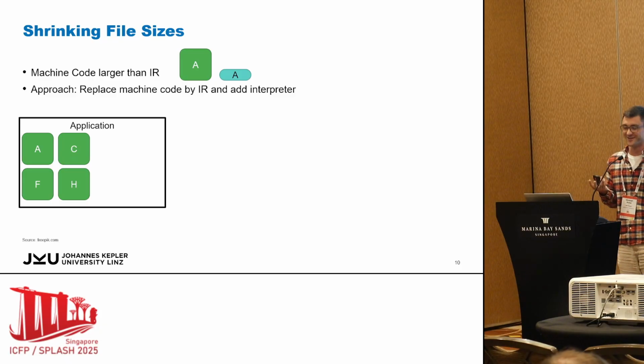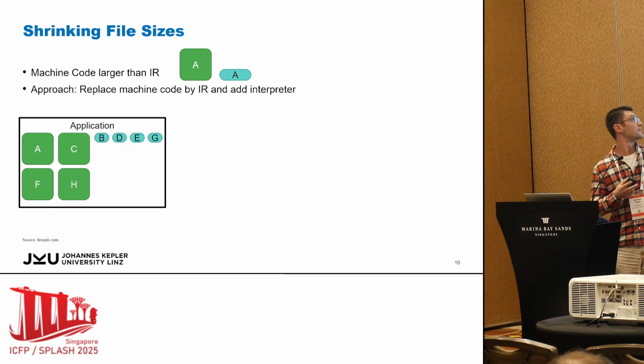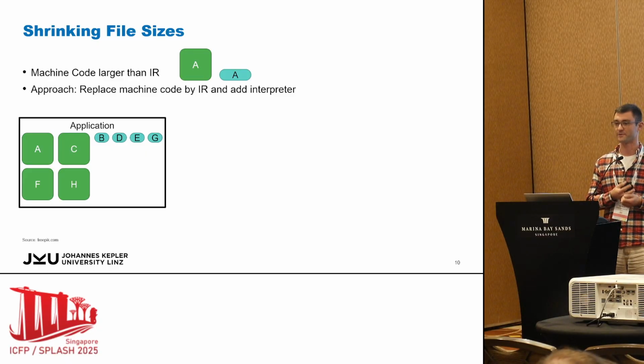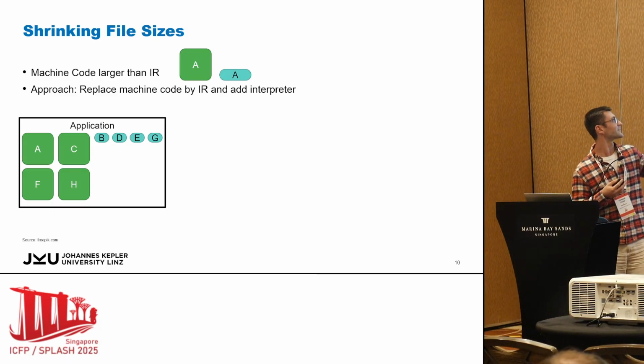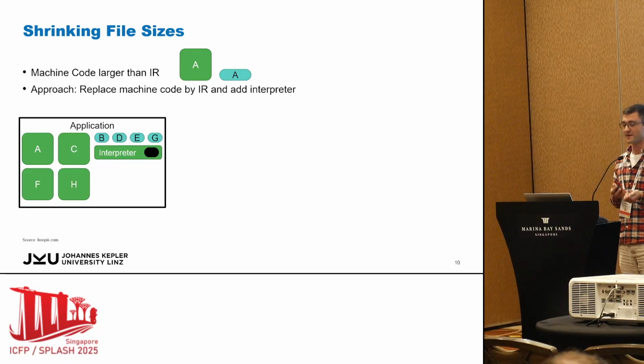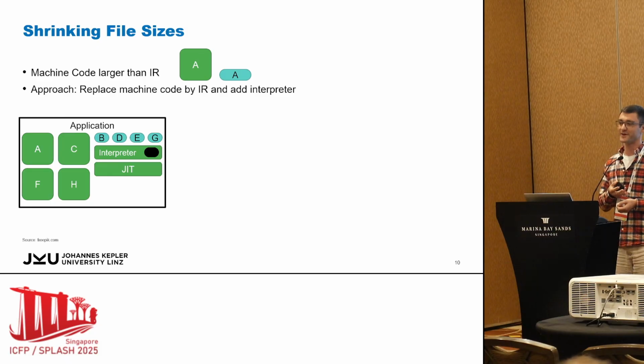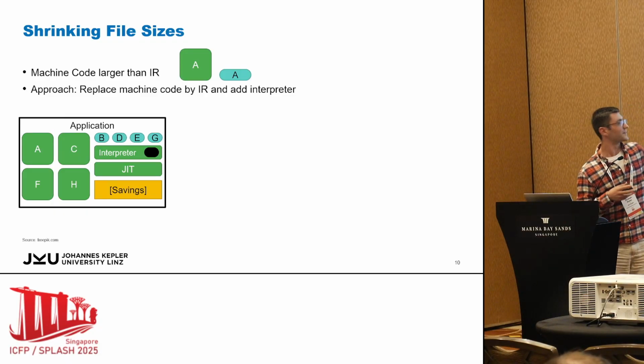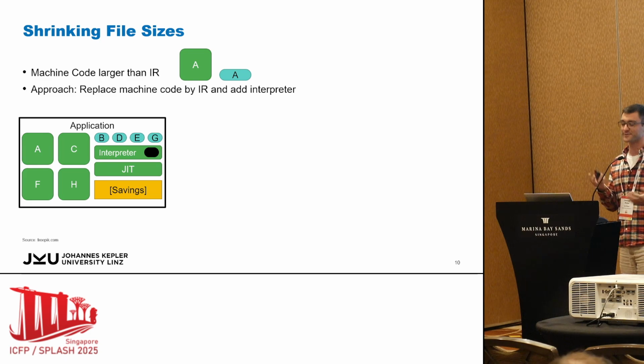Of course, to keep the program valid, we have to add the corresponding code we removed, but we now add it as bytecode, which takes less space than before. Now, of course, we still cannot directly execute the bytecode, so we still need an interpreter, and more information on that later. We also need a JIT compiler to keep performance, but as said, more on that later. But still, if we're lucky, we get savings, and this is what we want to achieve.